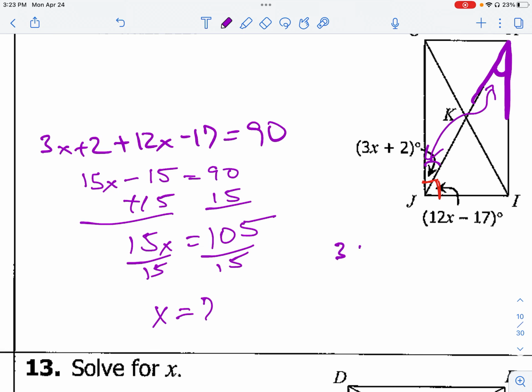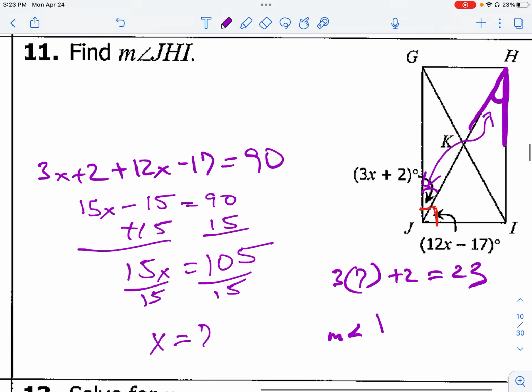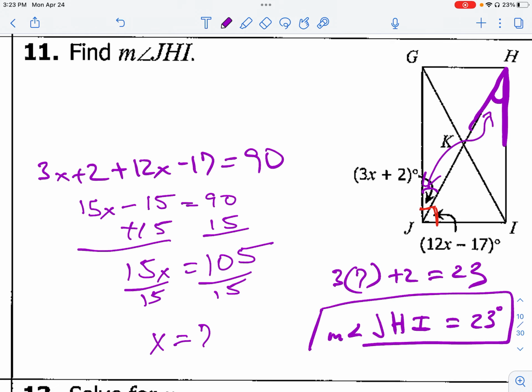So we're going to plug it in. 7 times 3 is 21 plus 2 equals 23. So the measure of angle JHI equals 23 degrees. And we're done.